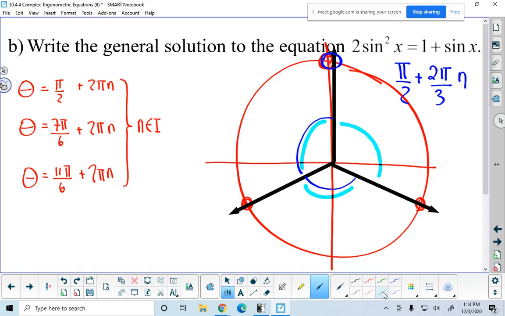Add another 120, add another 120, take away 120. All of these angles are separated by 120 degrees. So you have to watch out for that. Sometimes there's kind of clever ways to summarize all of the solutions. But any questions at all now from example 2?